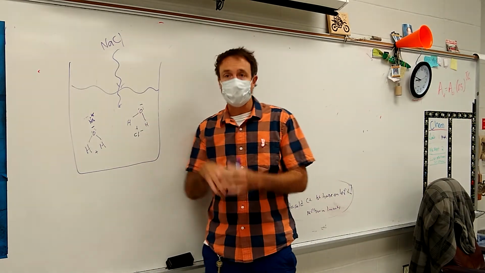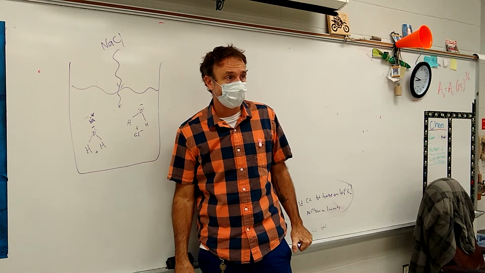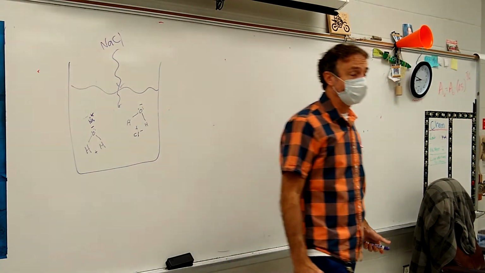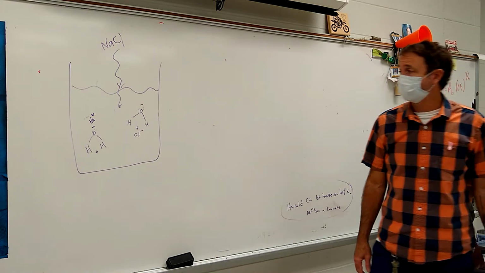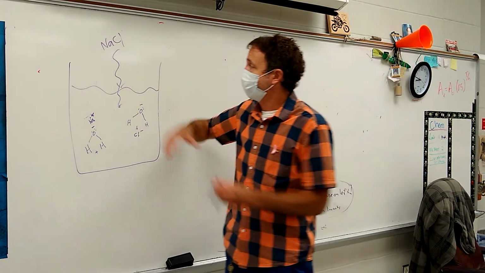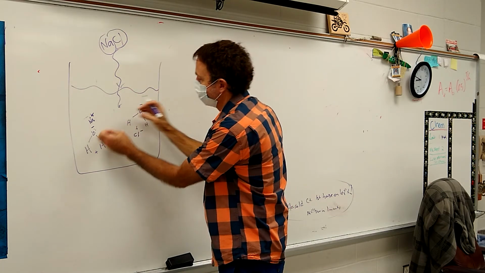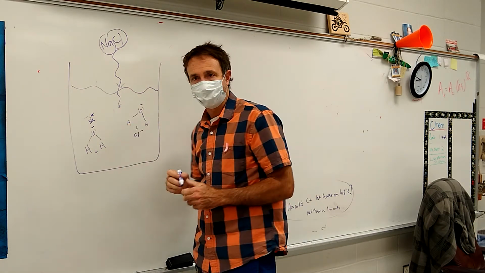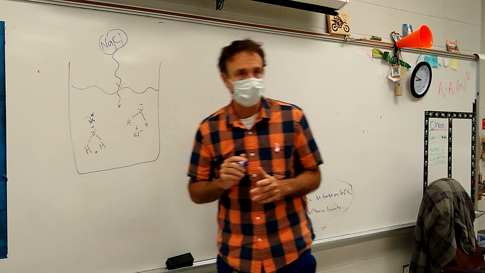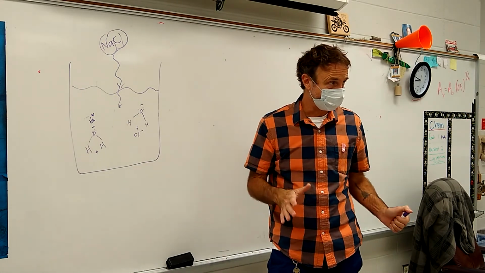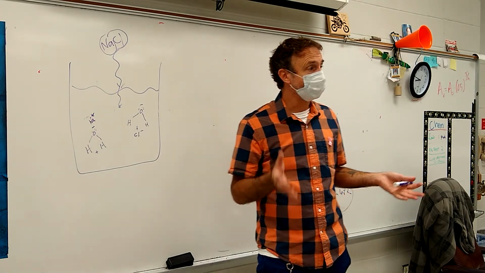And now this salt is invisible to you, right? That's what the solution process is. That's what it means to dissolve. You have these two sodium chloride ions, and they're torn apart in the water. That's dissolved. Okay?